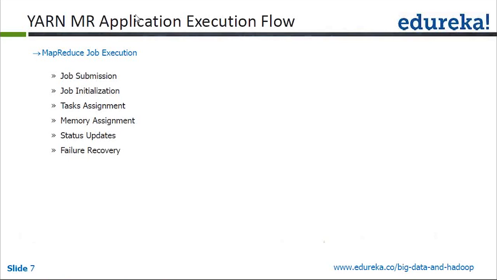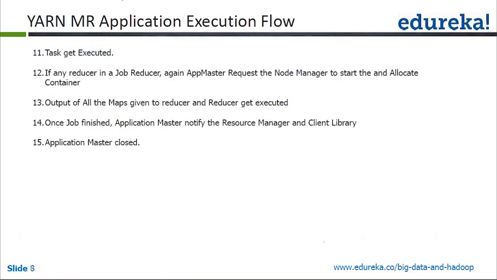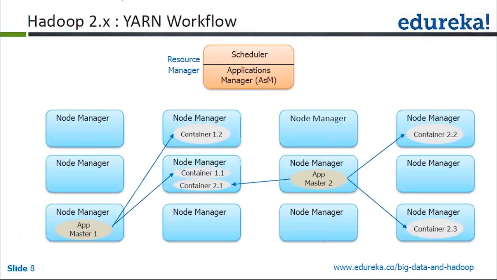So this is how it happens in YARN. These are the different components of YARN. It was a little different in Hadoop 1.x, where you had a job tracker and a task tracker. But now it's more of a containerized solution, and the world is going towards that.